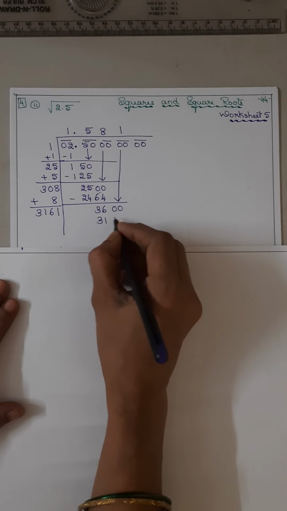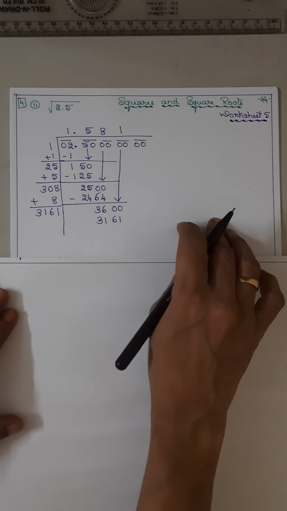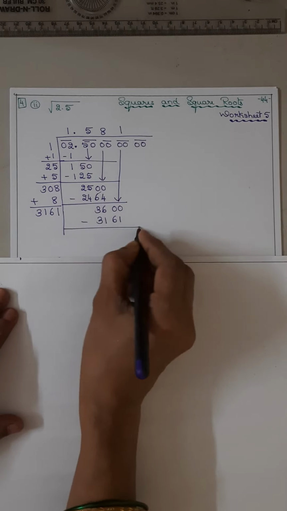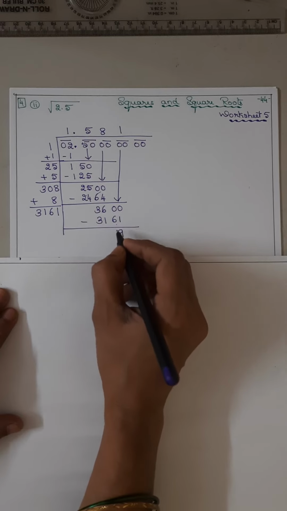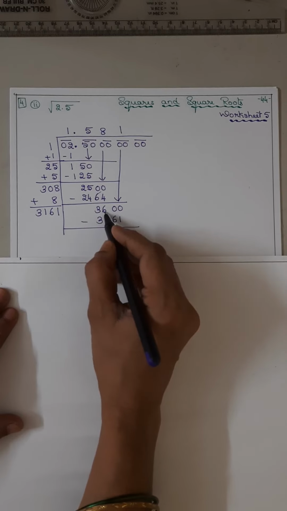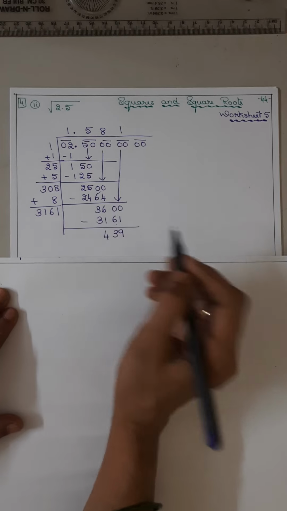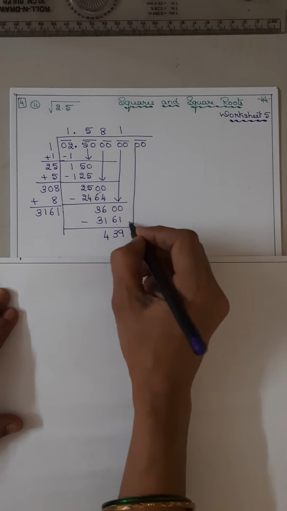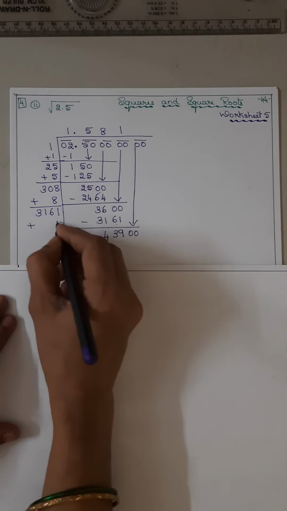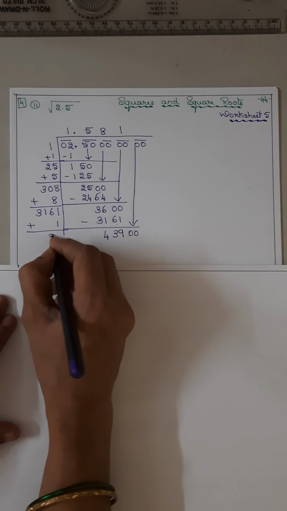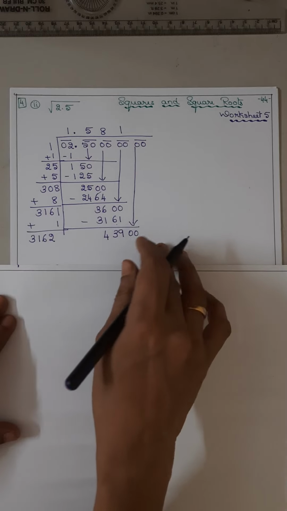It is 3, 1, 6, 1. When you multiply with 1, it will be the same, isn't it? So, 10 minus 1 is 9. 9 minus 6 is 3. Here it is 5 minus 1, 4. 3 minus 3, 0. Bring these two zeros down. Add 1. 1 plus 1, 2, 6, 1, 3.